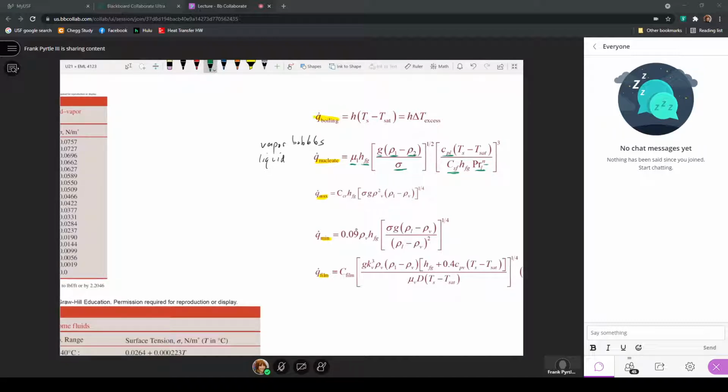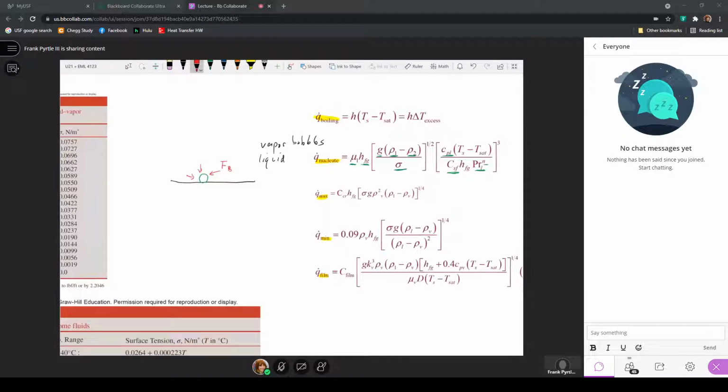Now, why do we have all of these properties here? Well, we have vapor bubbles and we have liquid water. So in the correlations that are developed, this density difference between the two fluids is used to consider the buoyancy forces that will be acting on a bubble that is formed on the surface. So if I imagine a surface where a bubble forms, we would have buoyancy forces acting all around that vapor bubble that seek to push it up and away from the surface.